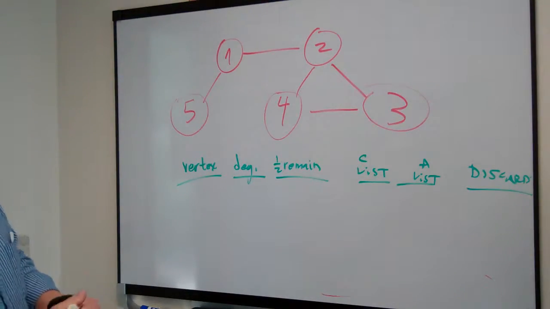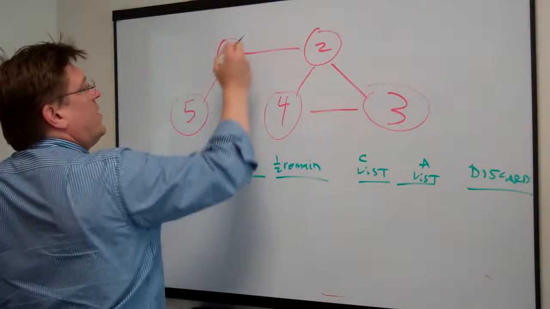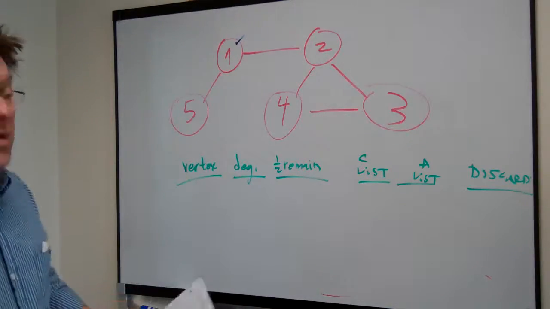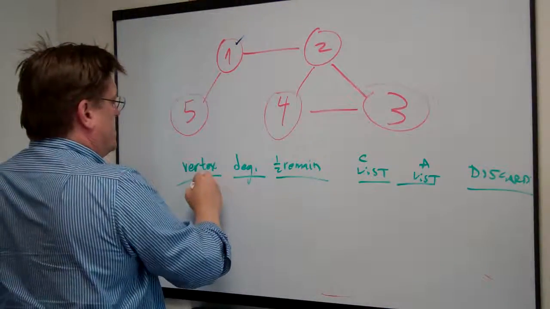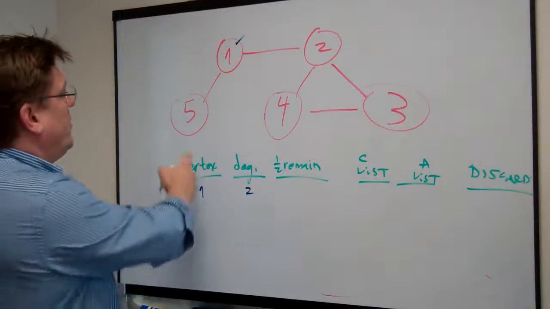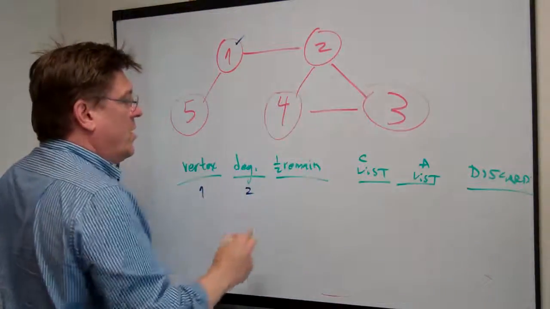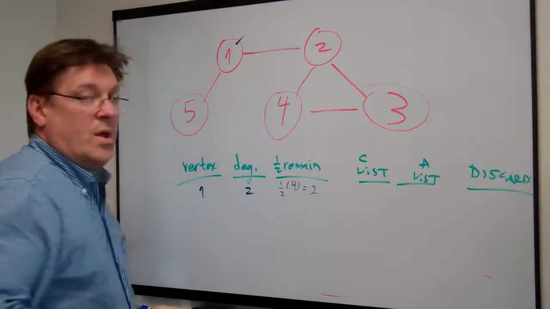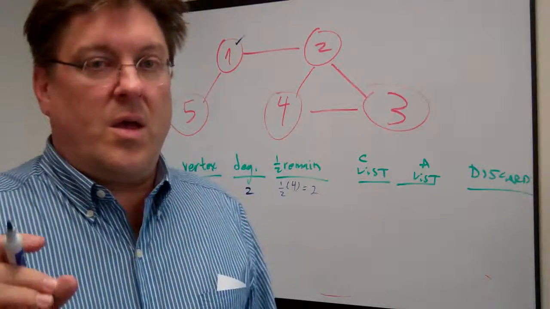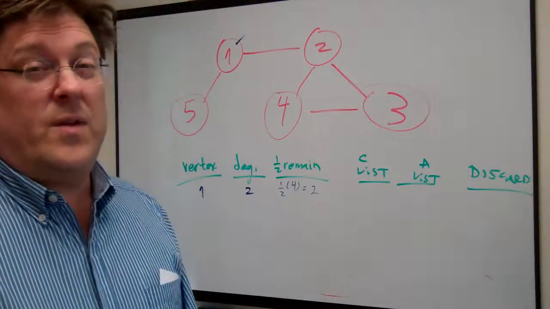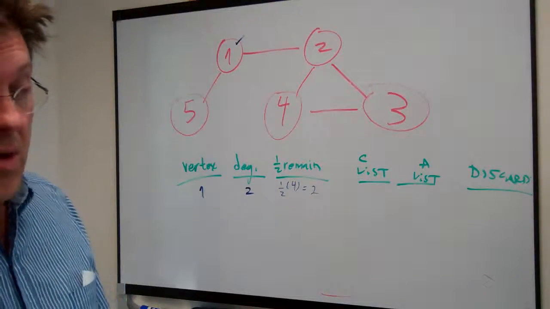Let's pick node 1. If we pick node 1, then we're going to add it to whichever list. Well, what's the degree of 1? The degree is 2. How many nodes are remaining? 1, 2, 3, 4. So there's 4 remaining. Half of remaining is 2. Now the problem said put this one in the click list if it's greater than the number of remaining nodes.